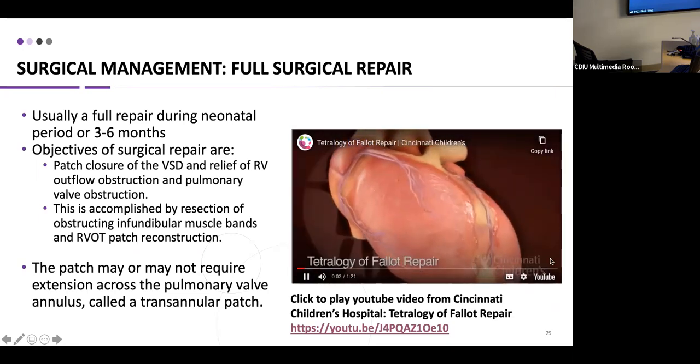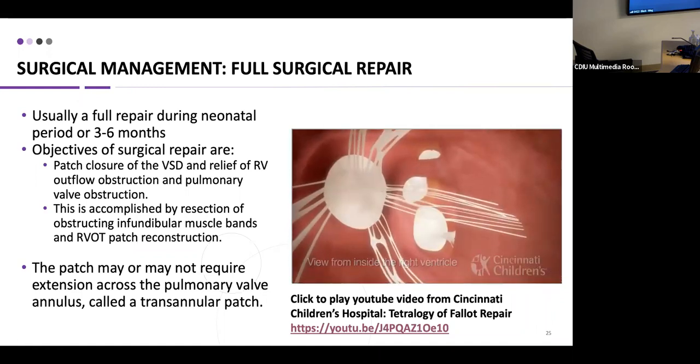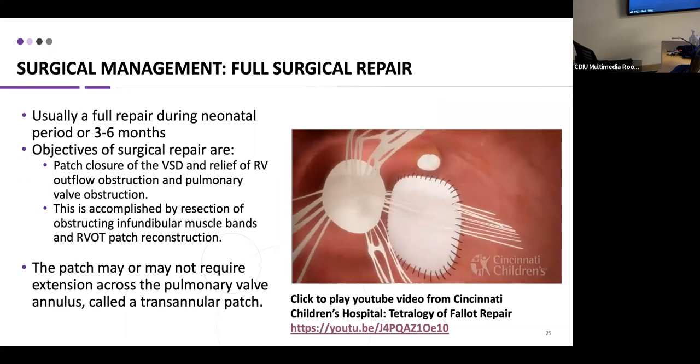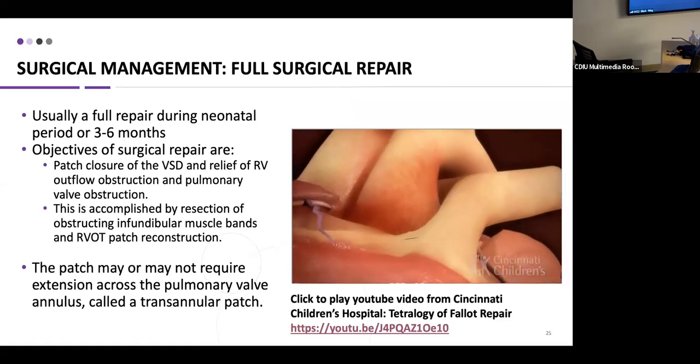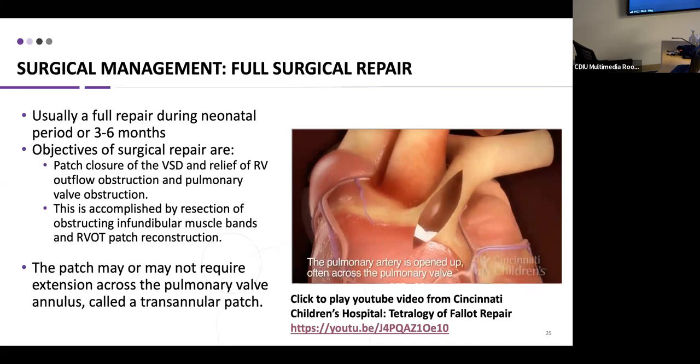Tetralogy of Fallot repair. This is a view from inside the right ventricle. Pulmonary outflow obstruction is relieved by resecting the infundibulum muscle. A patch is used to close the VSD. The pulmonary artery is opened, often across the pulmonary valve.